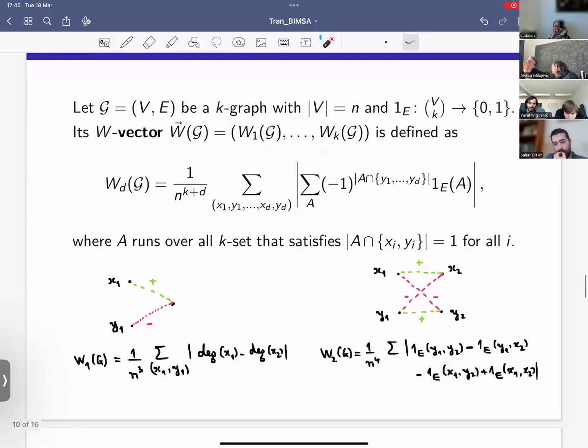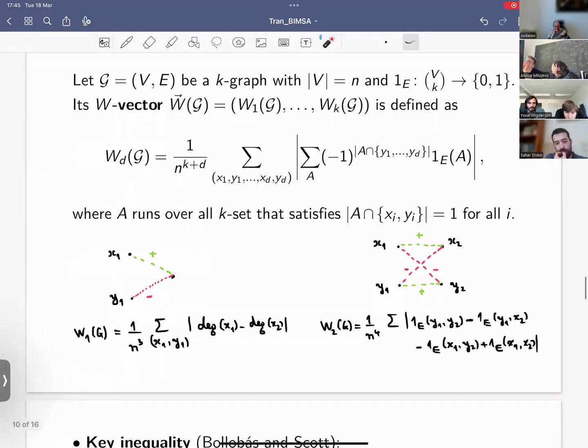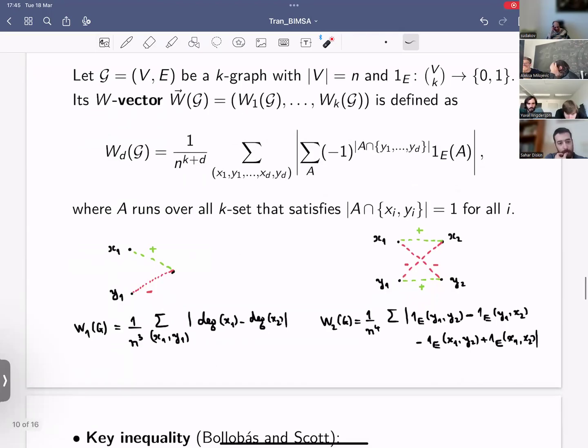Let me guide you through these definitions, and let's focus on the graph case first. So here k is 2, and we have only two coordinates, W_1 and W_2. Let's consider d equal to 1. The first term will be 1 over n cubed. And we should consider the sum over sequences of 2d distinct vertices.